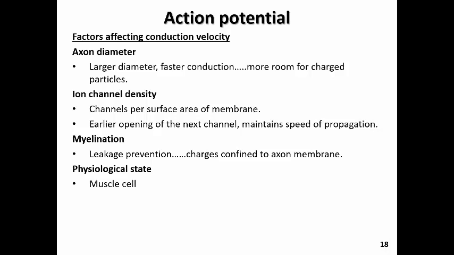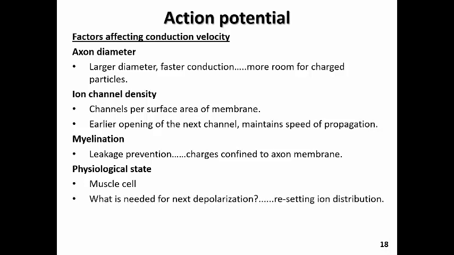The physiological state will also affect the speed at which that action potential can propagate. And this is particularly pertinent for muscle cells that we'll cover in another unit. In order to generate the next action potential, because these action potentials occur as sequential events, ions have to be redistributed.